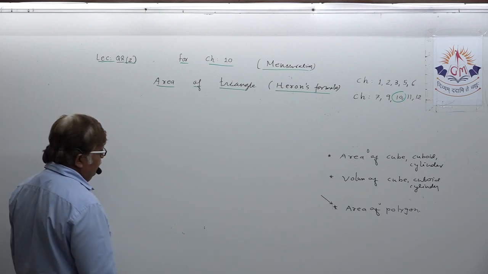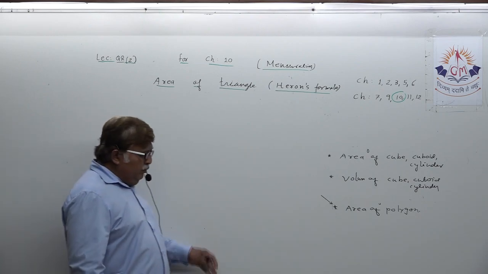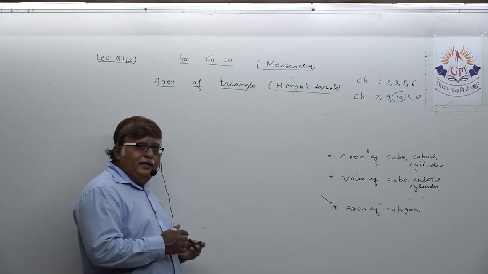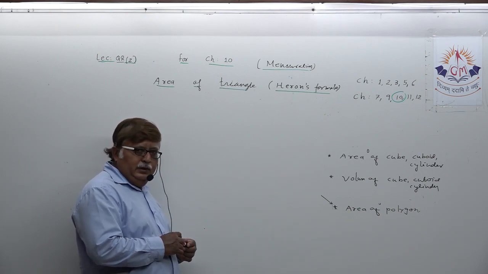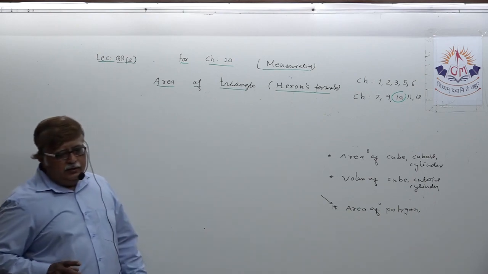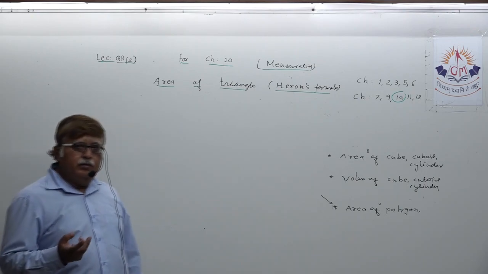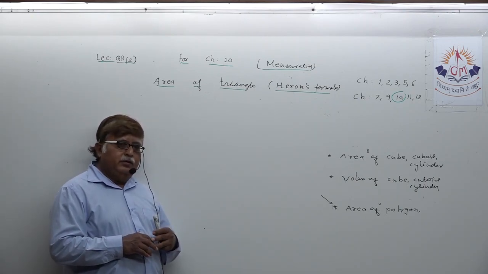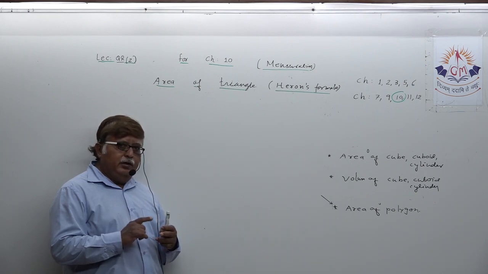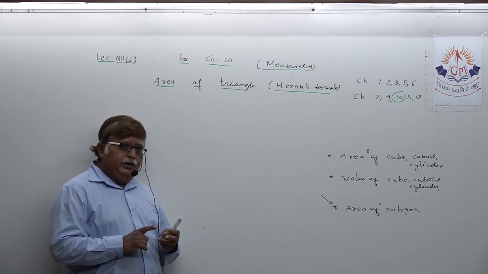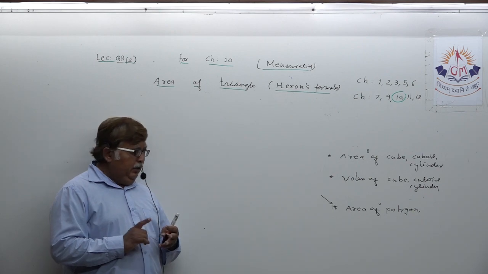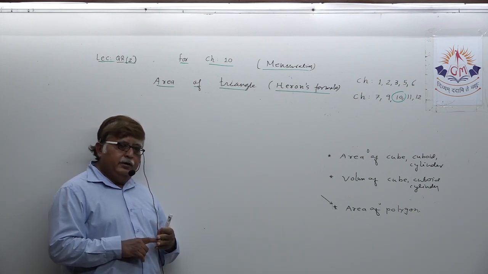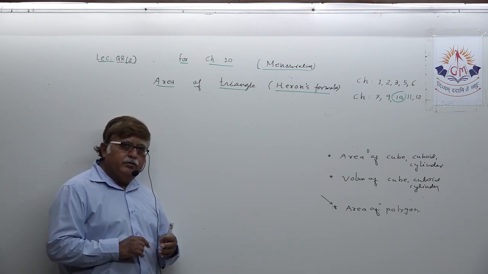Understand? Suppose we are not going to calculate the complete example, but when you want to find the area of a polygon, you must have knowledge about the area of a trapezium, area of a square, area of a rectangle, and Heron's formula.